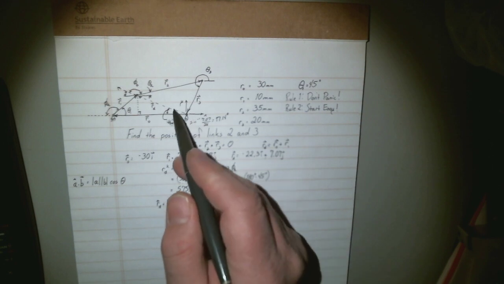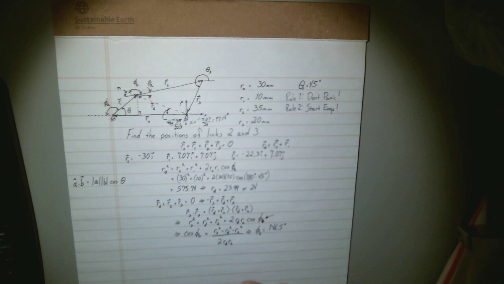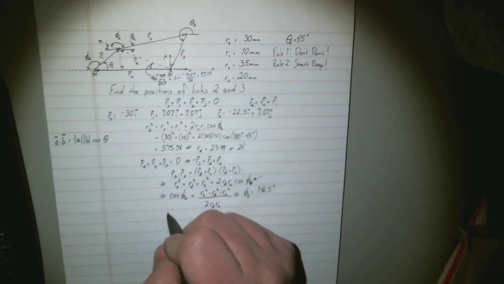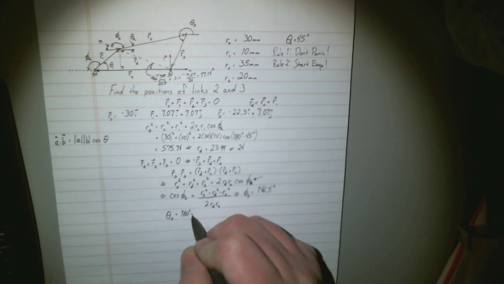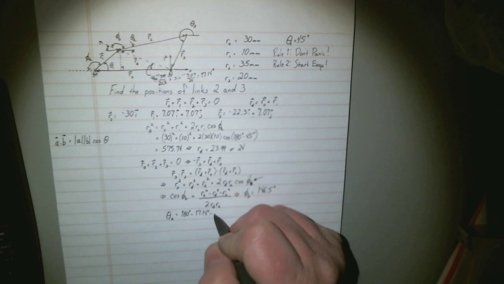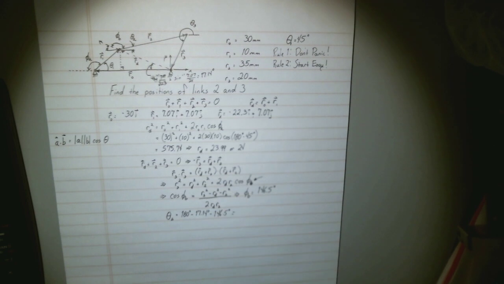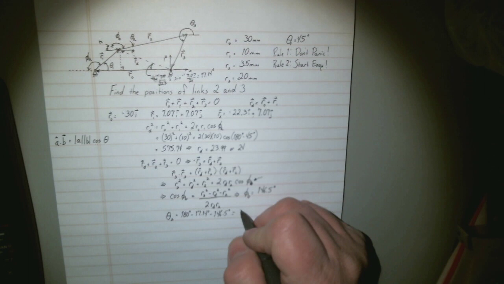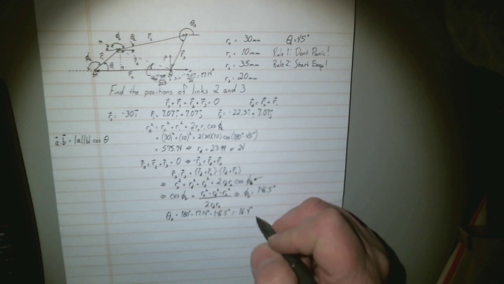Therefore, if this is 17.14 degrees, then theta 2 is equal to 180 degrees minus 17.14 degrees minus 146.5 degrees, and I get 16.4 degrees. Okay, so that looks good.